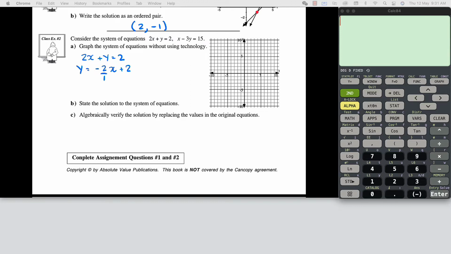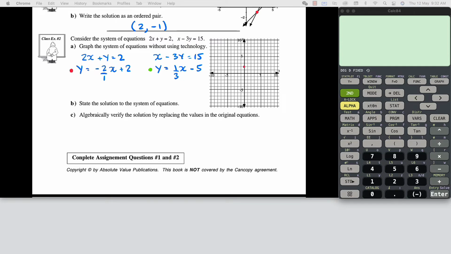If I take the other one, which is x minus 3y equals 15, and put it into the slope y-intercept form, I get y equals 1 over 3 x minus 5. Okay, so this first equation I'll do in red, and the second equation I'll do in green on the graph. So let's start with the red one.